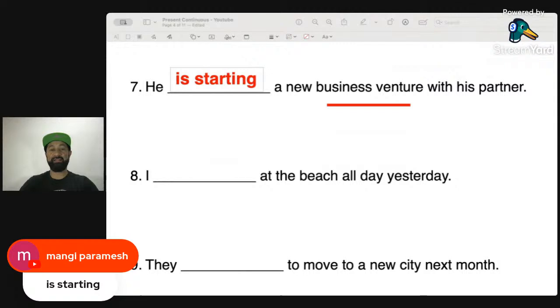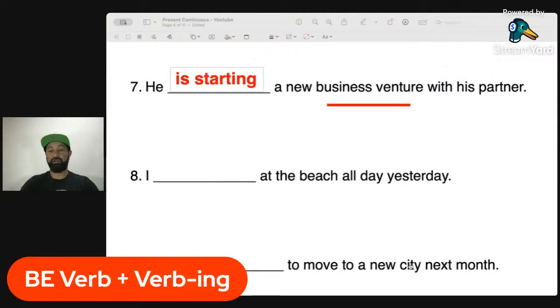All right, number 8. I something at the beach all day yesterday. Oh, you know what? It shouldn't be yesterday here because we're talking about today. Let's get rid of this, actually.